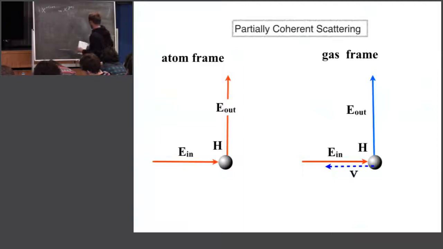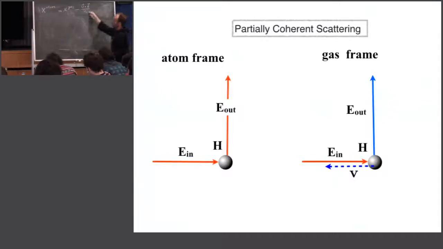So I'm just going to give you the result, and then we're going to talk about it. This is just to include this Doppler boost, this Doppler motion induced by the motion of the atoms. We just have to subtract the velocity vector of the atom, the dot product with the propagation direction of the photon, this is a unit vector, over the thermal velocity of the gas.